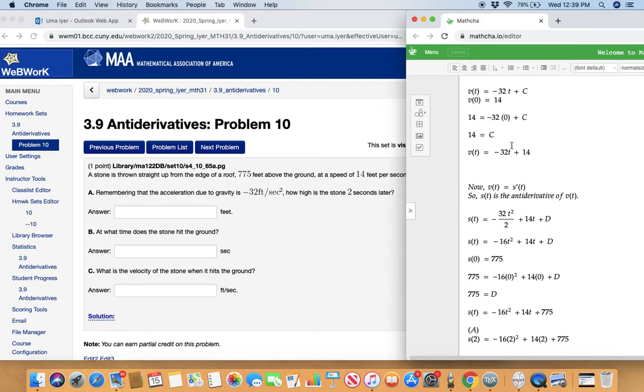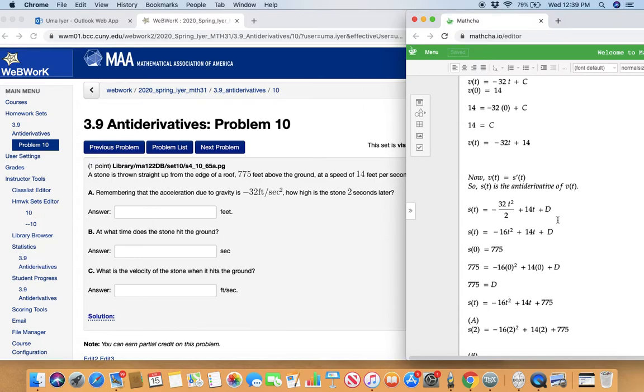Power here is 1, so 1 plus 1 is 2 and divide by the new power. 14 has no power. It's a constant, so its antiderivative is 14t plus a new constant. These constants make this a general antiderivative. This is called, by the way, the constant of integration.